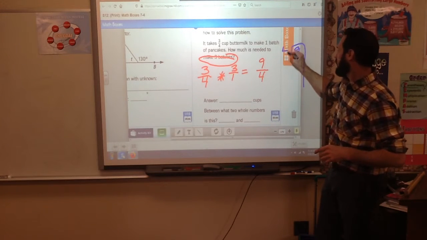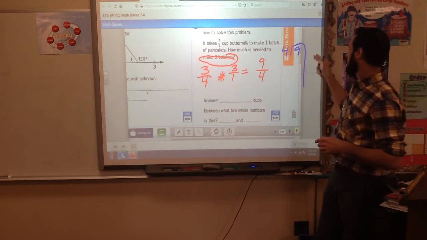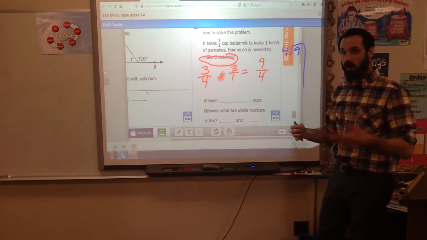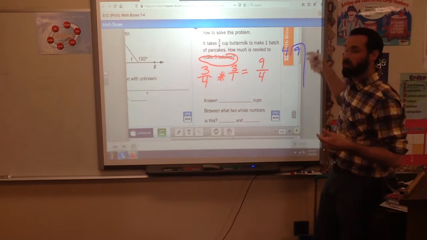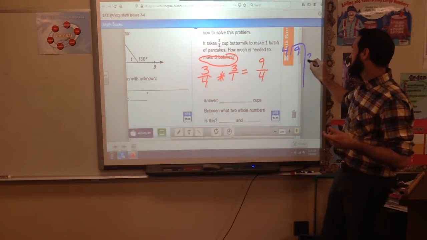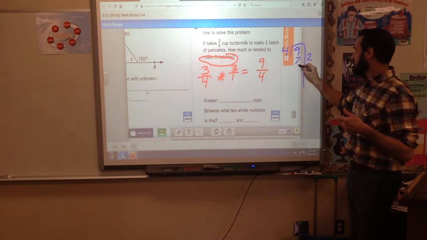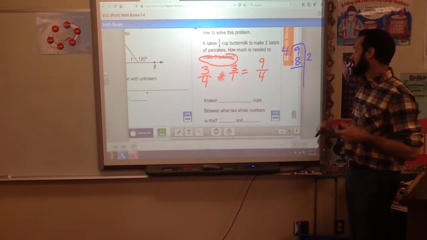9 divided by 4. You're thinking, what times 4 gets you close to 9? Or how many 4s could you count by without going over 9? And the answer to that is 2. 4 times 2 is 8, and we subtract.